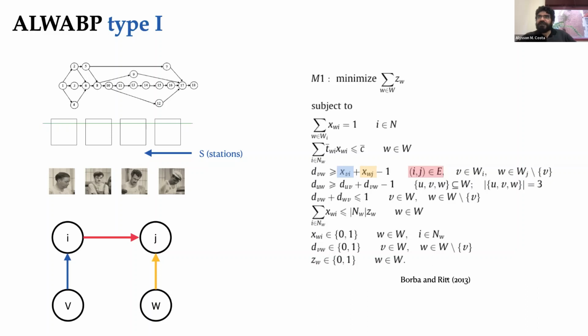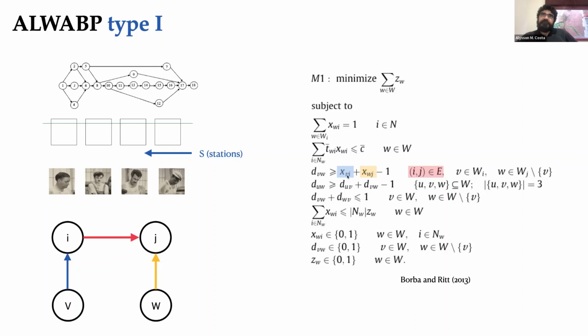This was proposed by my colleague Reed and his PhD student at the time. Basically, what I'm using as variables here are d_vw, which are relations between two workers. Here I'm saying that worker v must come before, or must be assigned to a station before, worker w. And the way we create the precedence constraints now is that we use some logical relationships.